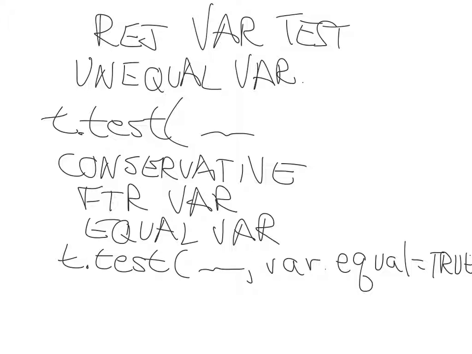Then when it does its calculations, it knows to calculate it with the equal variances. It's somewhat less conservative, but you've already checked, so you know you're okay.